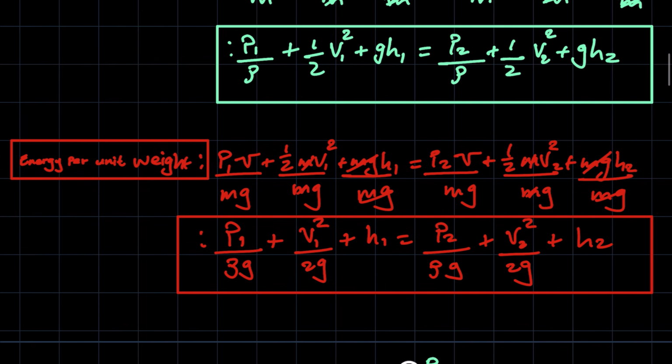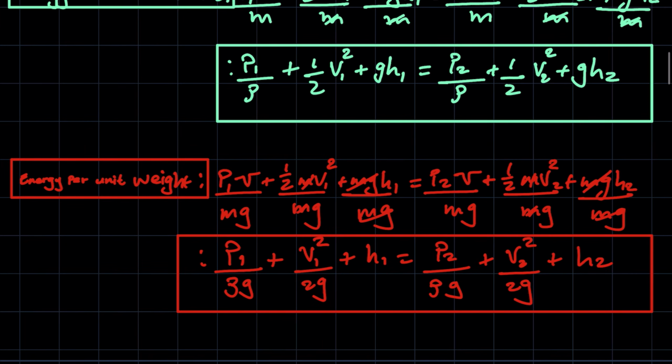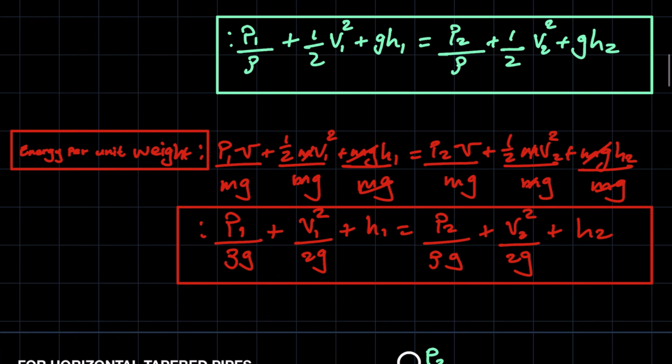If you're looking for height, whether it's H1 or H2, it is convenient to use the variation in terms of height, which would be the energy per unit weight, sorry. Each of the terms in this variation is in terms of meters, meaning each term is in terms of height.